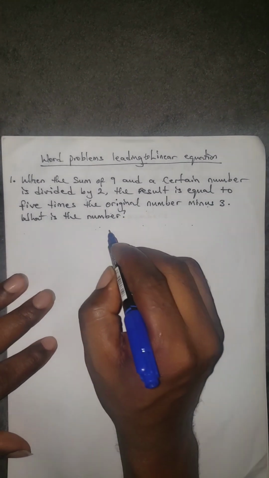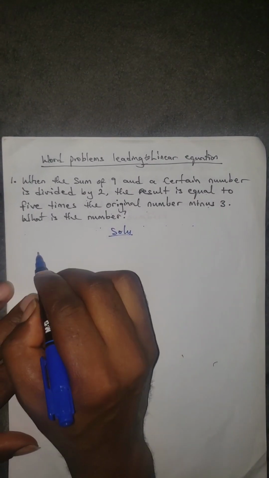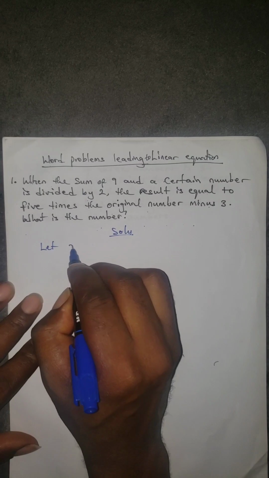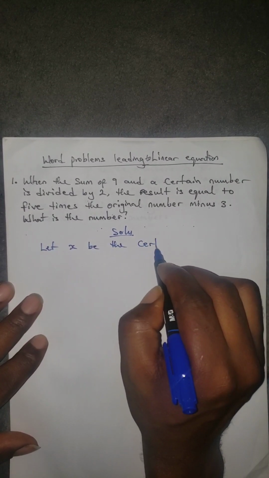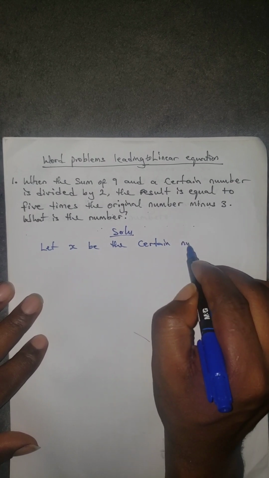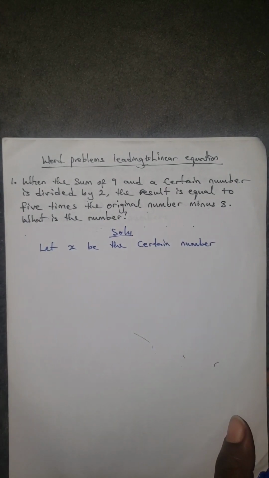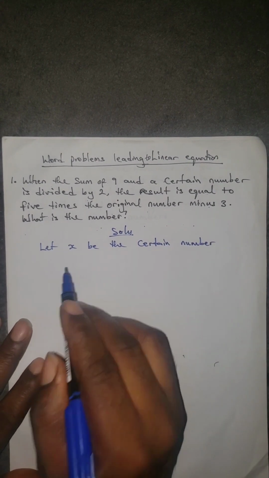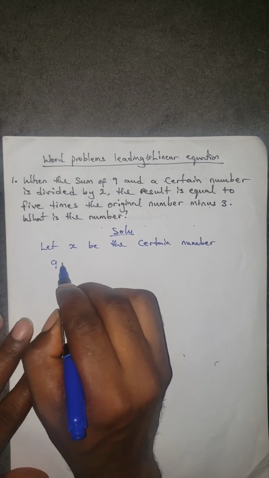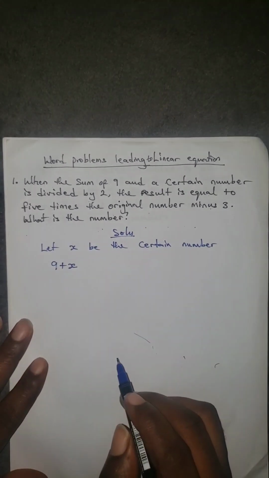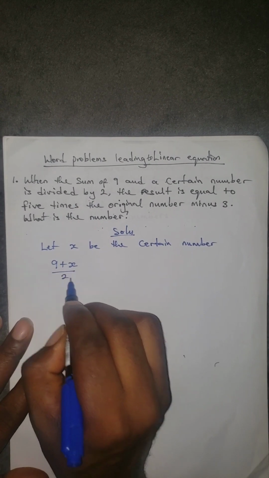So let us assign the variable. We say let x be the certain number. Then the sum of 9 and a certain number will give us 9 plus x, which is divided by 2.